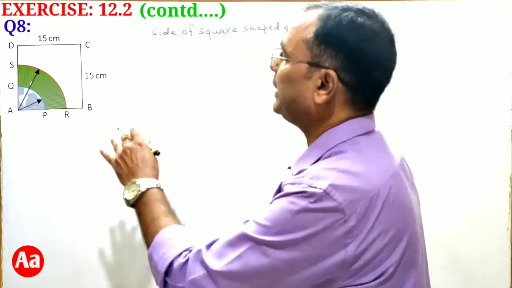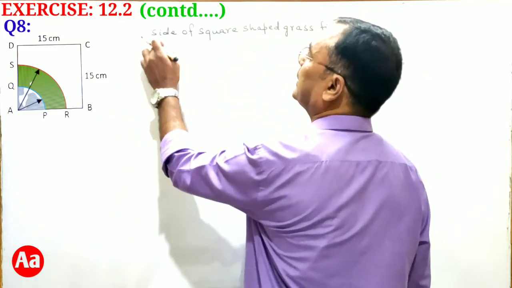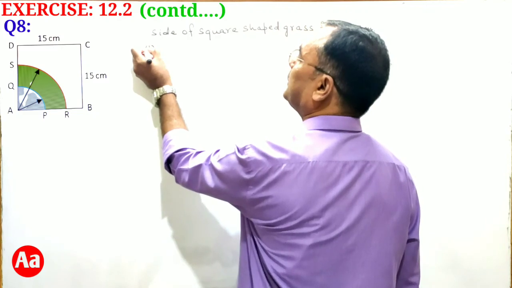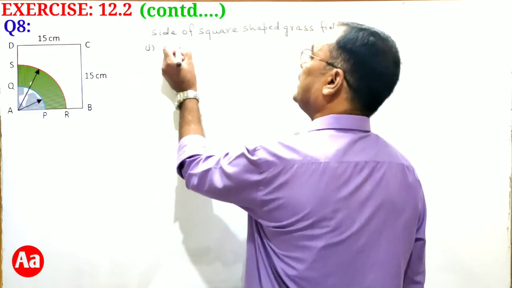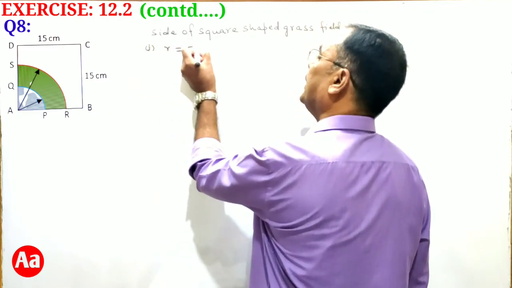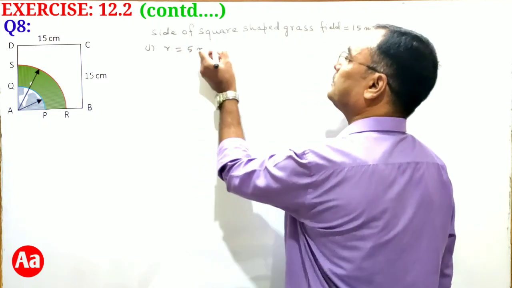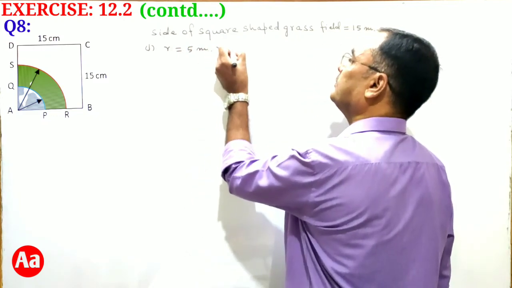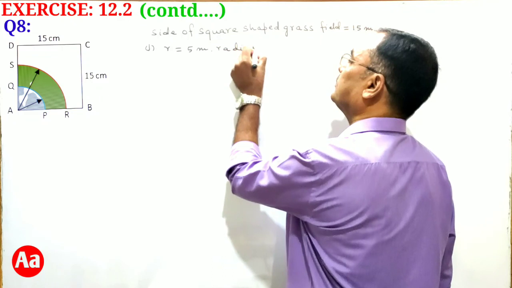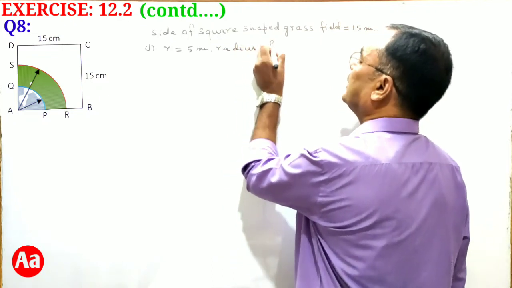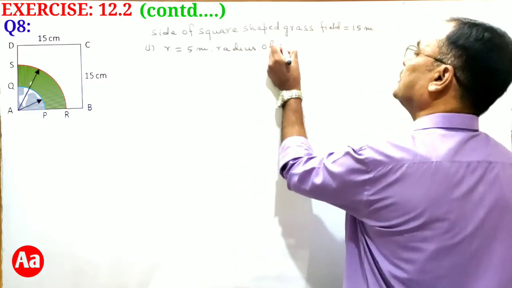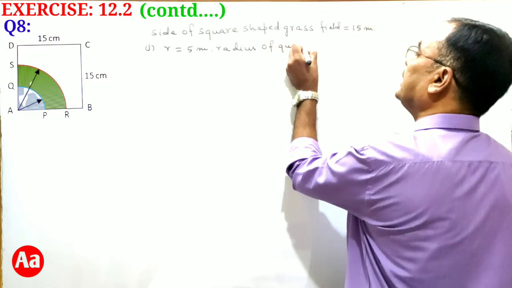So what will be radius of the quadrant of the circle? In first part, radius will be 5 meter, radius of quadrant. Why radius of quadrant?